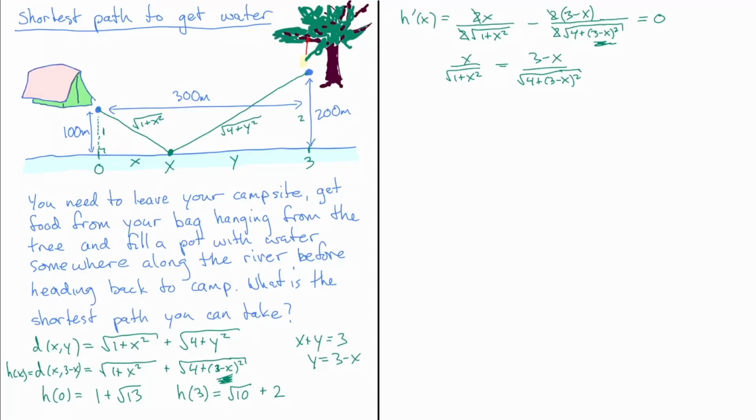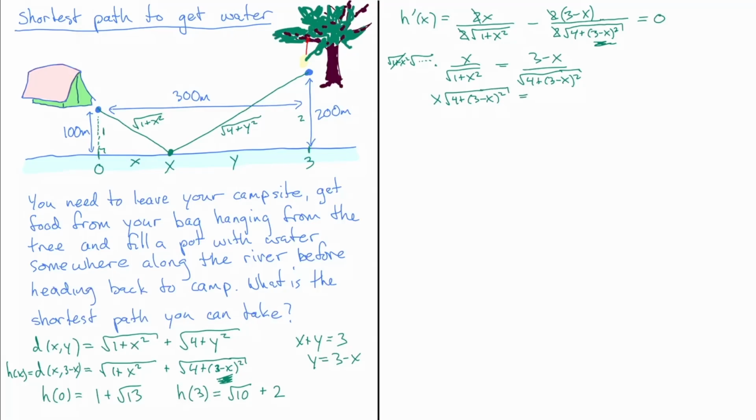Now I've got x's in the numerator and denominator, so I'd like to clear all of those out. So I'm going to multiply by the denominators on both sides. So on this side, when I multiply by both denominators, I get cancellation between these ones, and I'm left with x times the square root of 4 plus 3 minus x all squared.